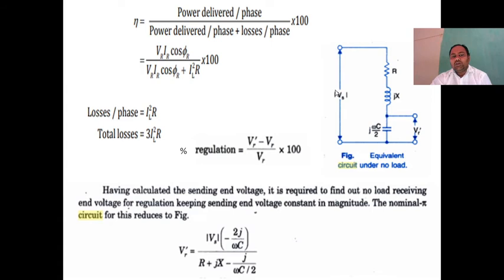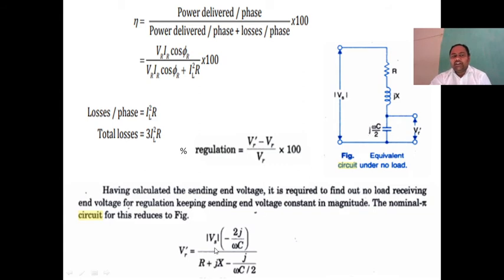What is the total voltage? The total voltage is nothing but Vs. So what is the impedance? This is the impedance across VR dash: minus 2j by omega C. We know 2 pi f, so please substitute.